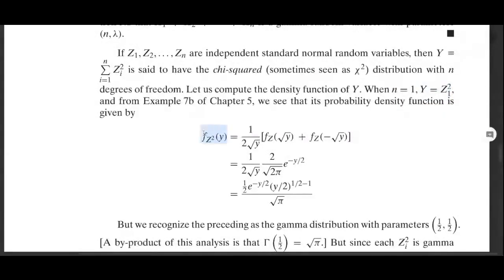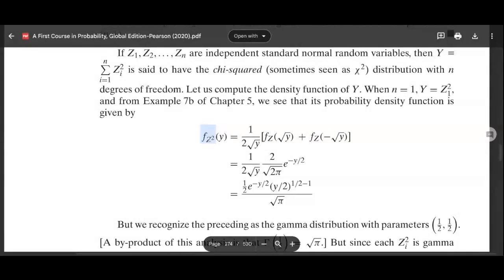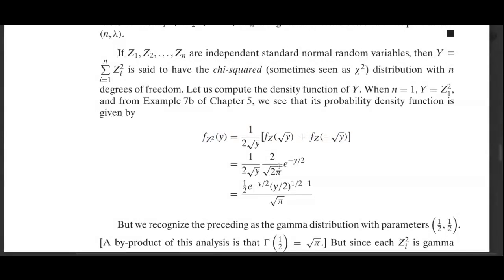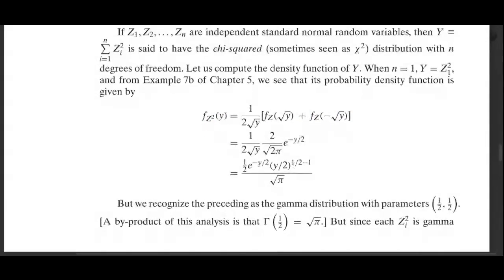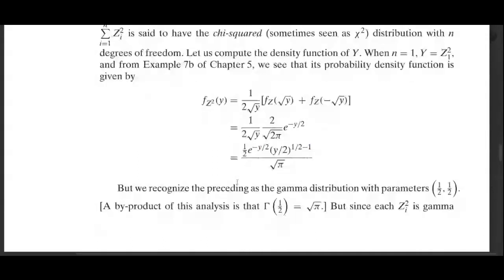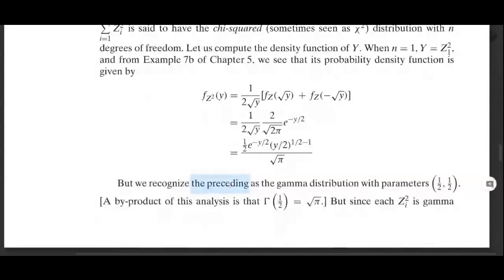So then the density of Z squared at y equals 1 over 2 square root of y, times f of Z at square root of y plus f of Z at negative square root of y, because we have a Z squared. So that adds up to something like this. And we recognize the preceding as a gamma distribution with parameters half, half.